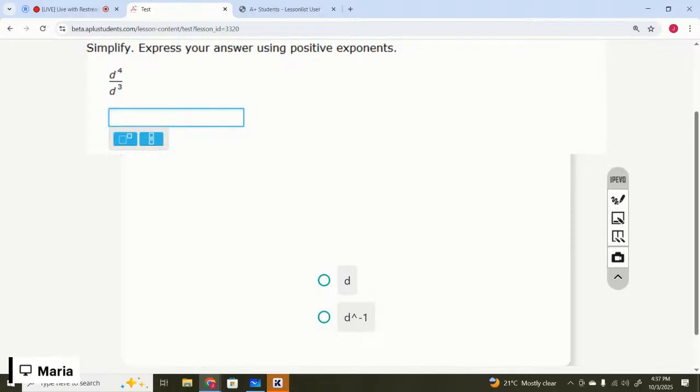D4 divided by D3. That is D. Option number 1 is the correct option.